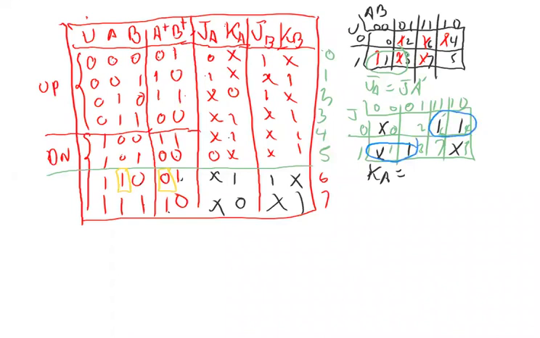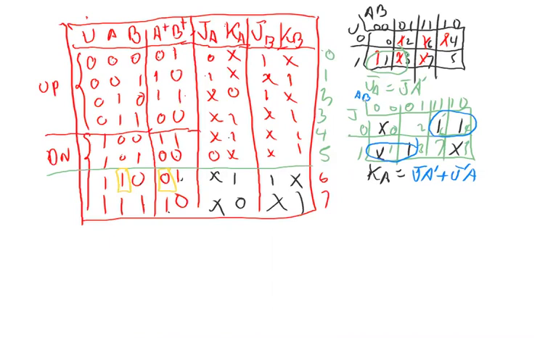So that says that's supposed to be A and B up in here. So that says I got A prime J, or A J prime. Yeah, it's J prime A.